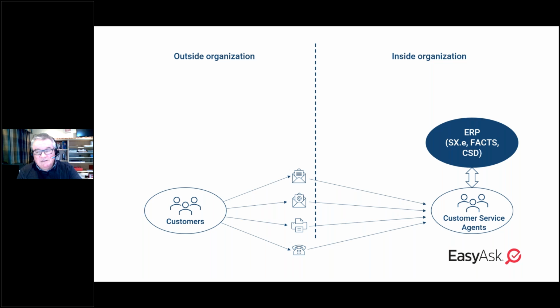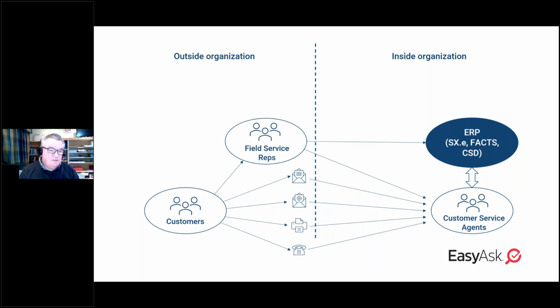And in many organizations, there will be field service reps who are out visiting customers, not so much these days, of course, but in a normal year, you would have field service reps dealing with your customers, taking orders, perhaps working either through the customer service team or directly with the ERP when they're back in the office. Again, if that ever happens again.